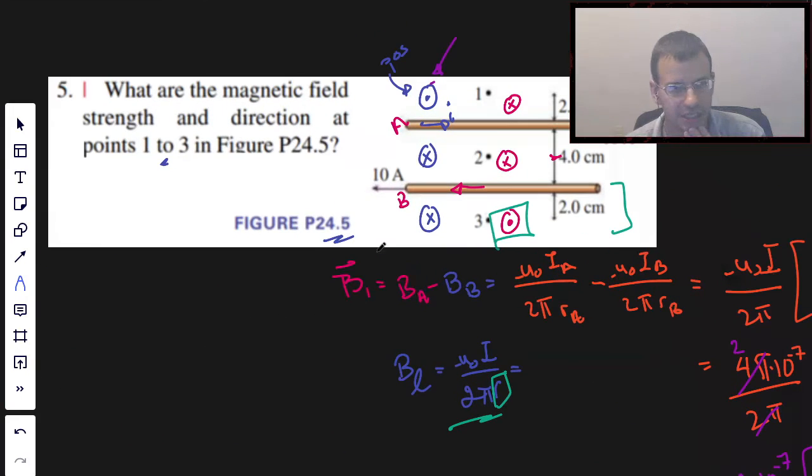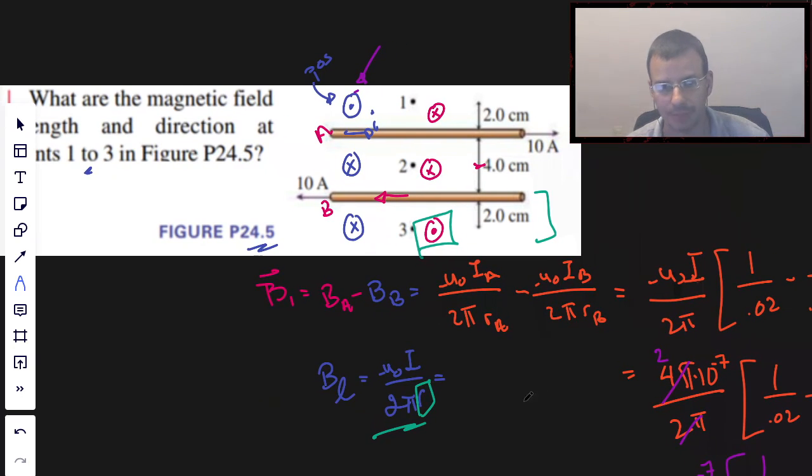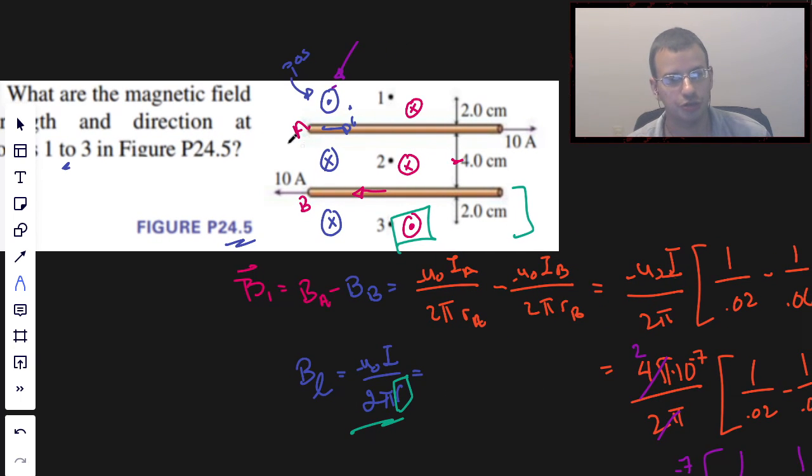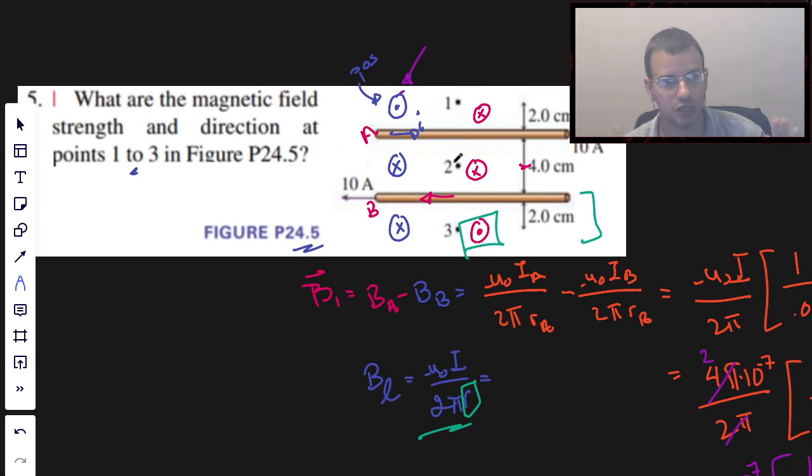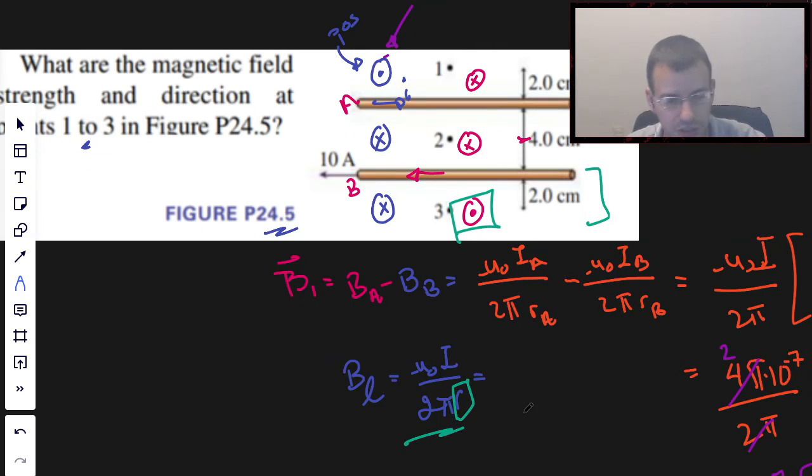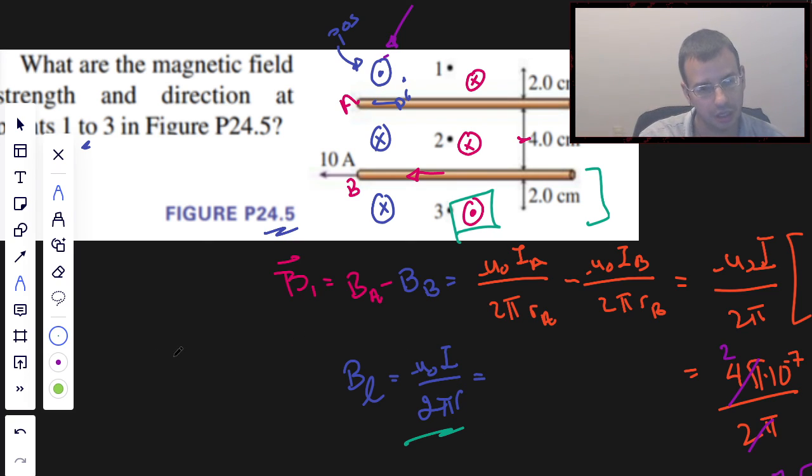So a little bit crazy. The way I usually approach these kinds of problems is you first are told that you have a current carrying wire, and you talk about magnetic field. As soon as you see that, think of mu naught I over 2 pi r. The other similar equation you're going to have is for current carrying wire in a loop.